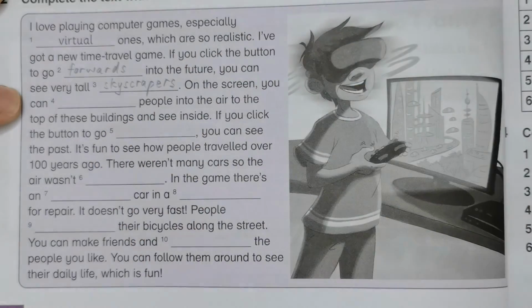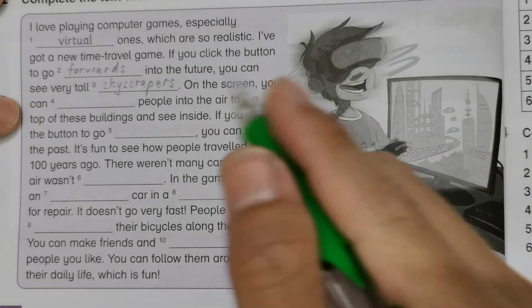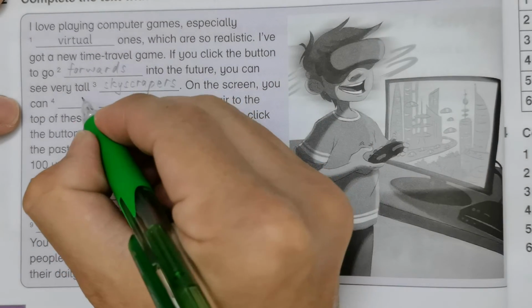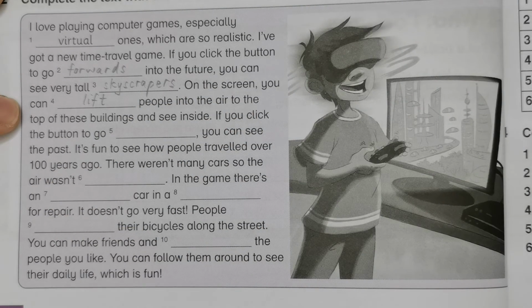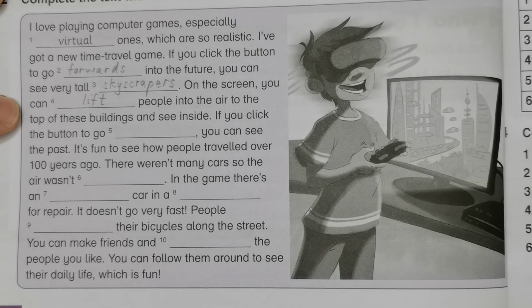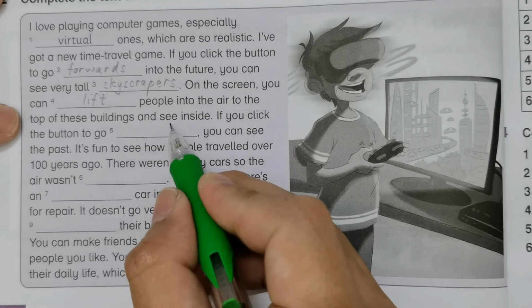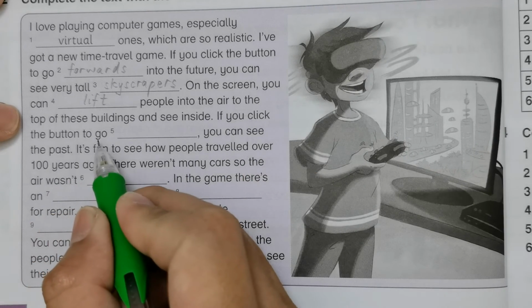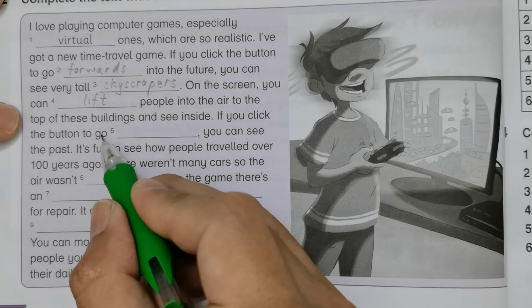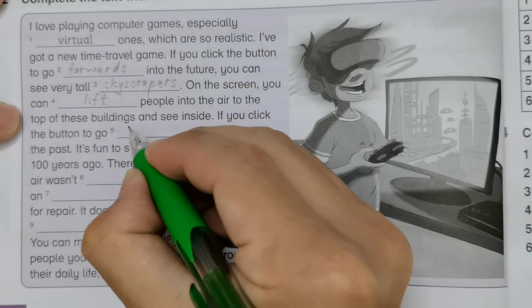S-C-R-A-P-E-R-S. On the screen, you can lift people. To move people to a higher position, you can lift people into the air to the top of these buildings and see inside. If you click the button to go, this is the antonym of forwards, so this is backwards.